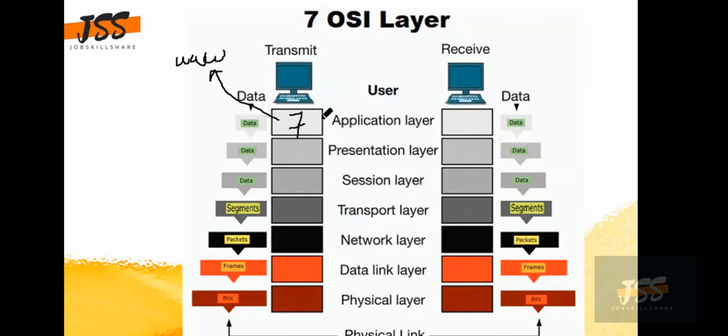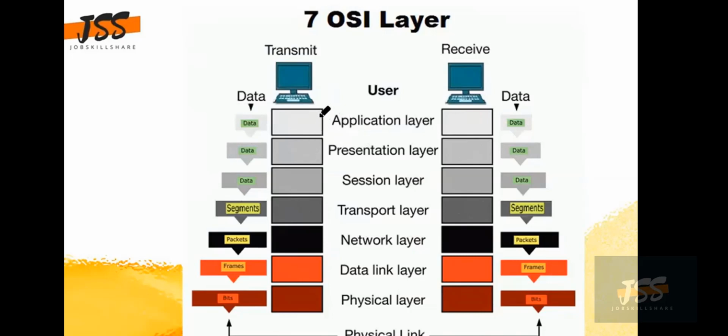Not to be confused, this is not A for application layer, so it starts from the first layer. This is also a very good interview question. They often ask what layer number the application layer works at. Okay, so it is the 7th layer.